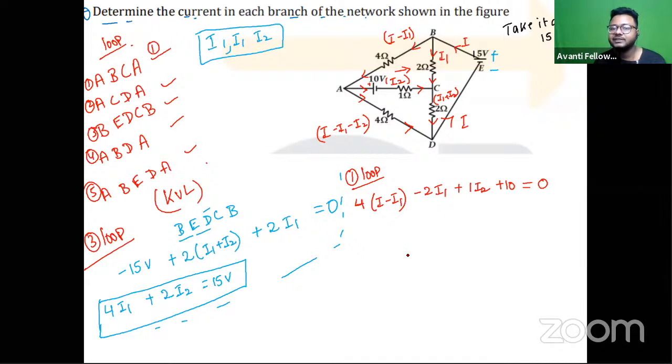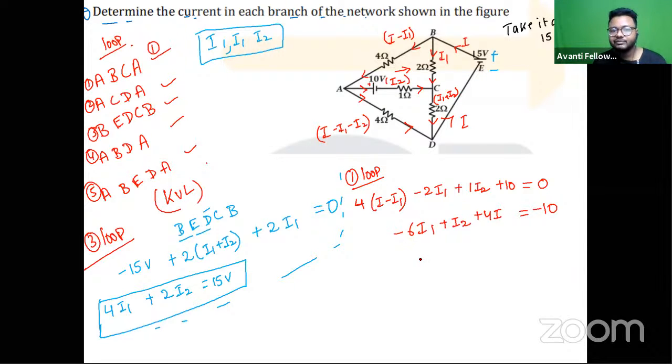So from here you will get your second equation. If you solve it, you'll get minus 4I1 minus 2I1, which is minus 6I1, then plus I2, then plus 4I, equal to minus 10.